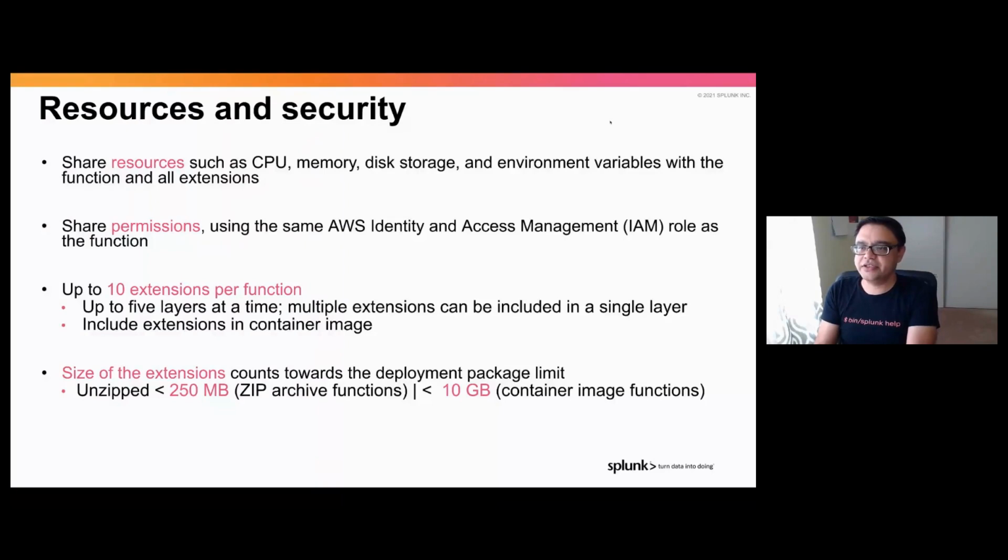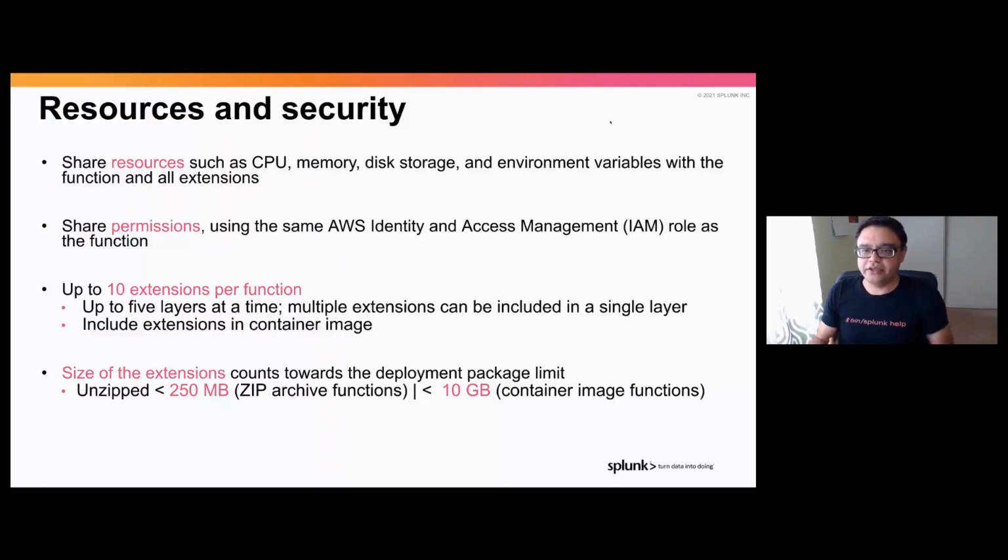In addition, extensions share the same IAM role and security context as the function does. So the extension has access to everything that your function has access to. And if the extension needs access to something else, this must be included in the function IAM role. The Splunk extension for AWS Lambda does not need any other privileges or access.